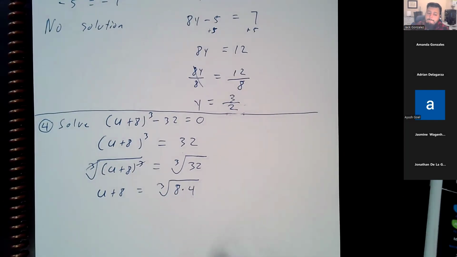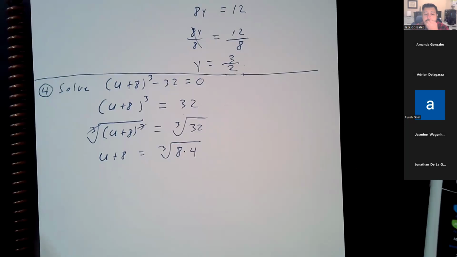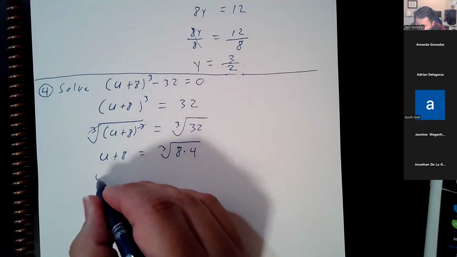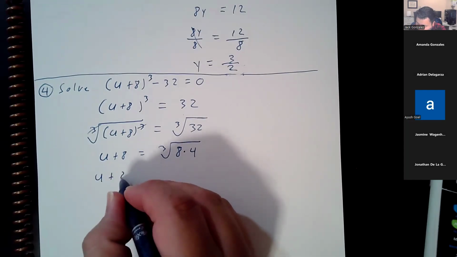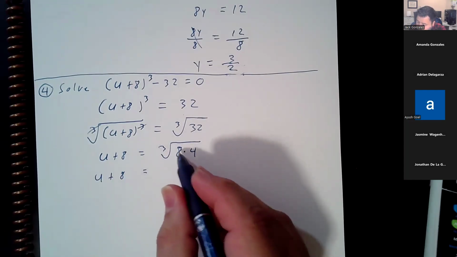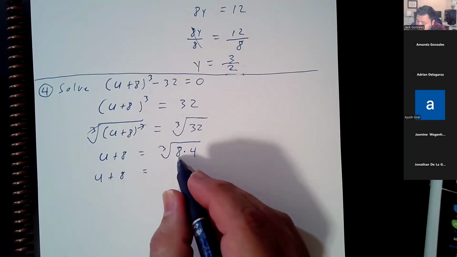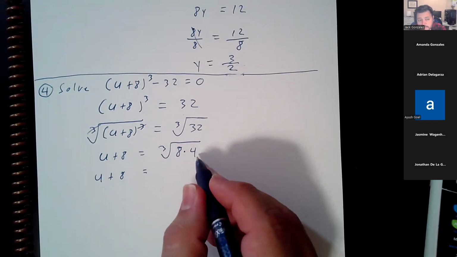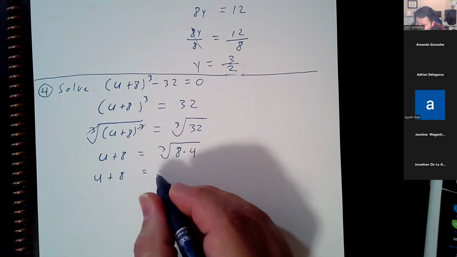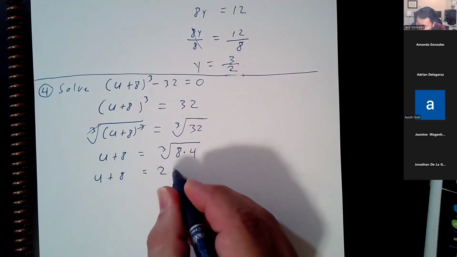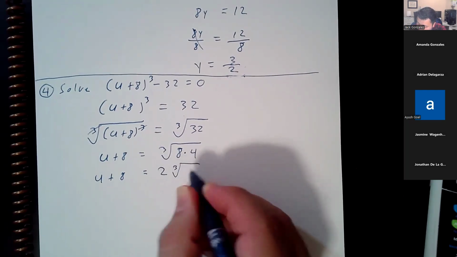Do you agree? And what is the cube root of 8? So this cube root will apply only to this one because the 4 is not a cube. So this will become 2 cube root 4.